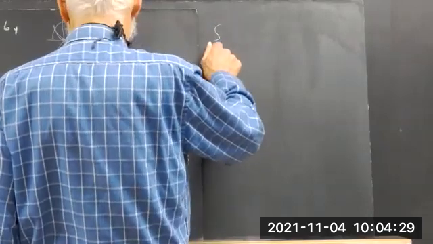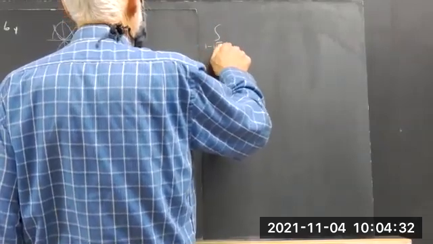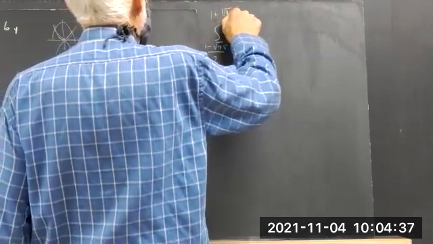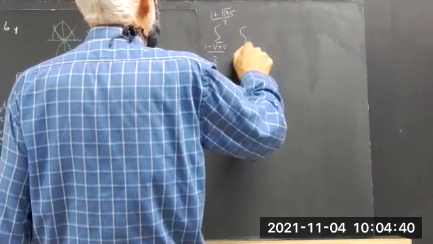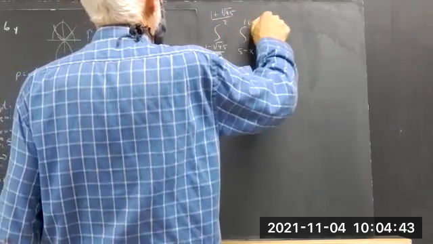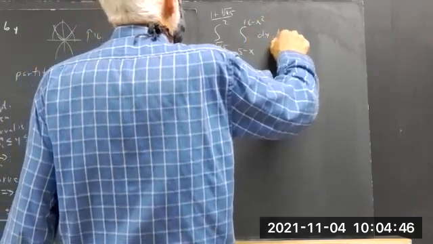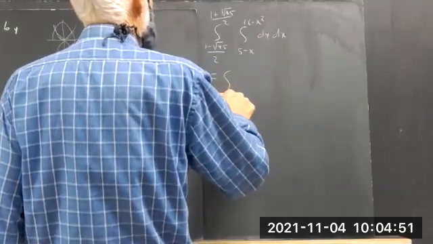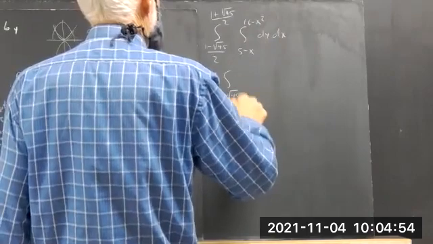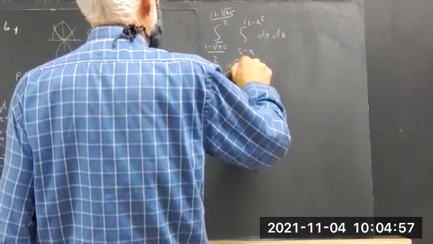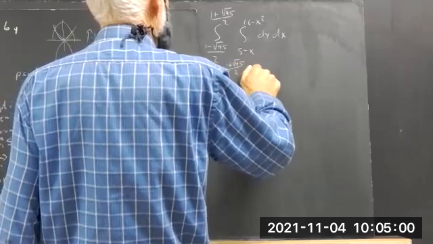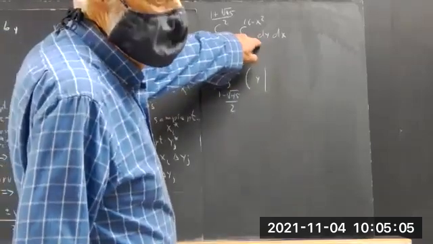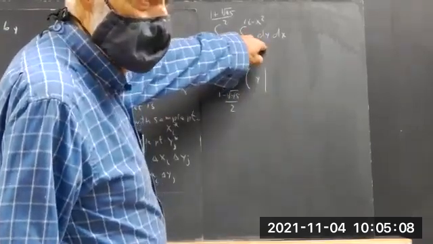Well, the antiderivative of 1 dy is just y, right?